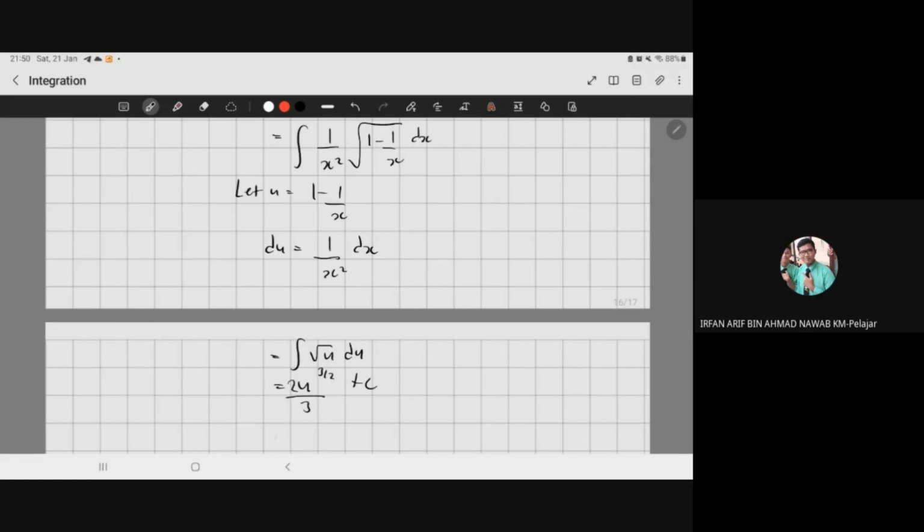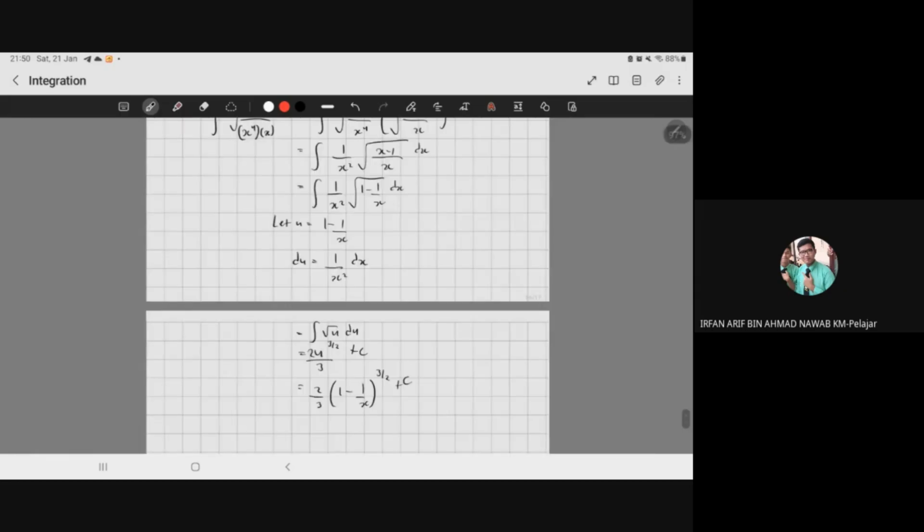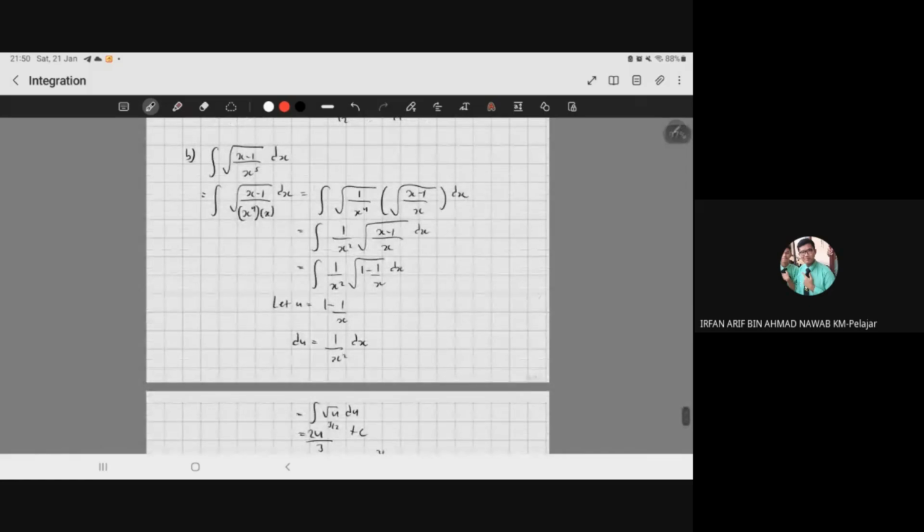You get 2 over 3 times (1 minus 1 over x) to the power of 3 over 2 plus c, and tada, no problem. So this question is a bit tough, because you have to see that you can simplify it into another form and then apply u substitution. All right.